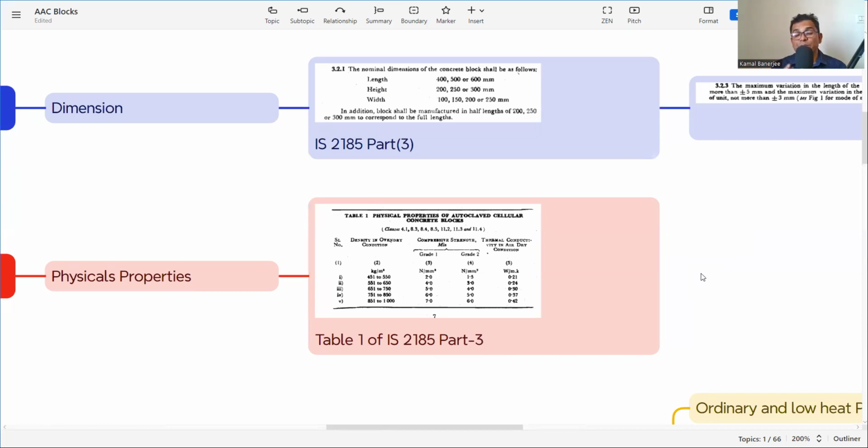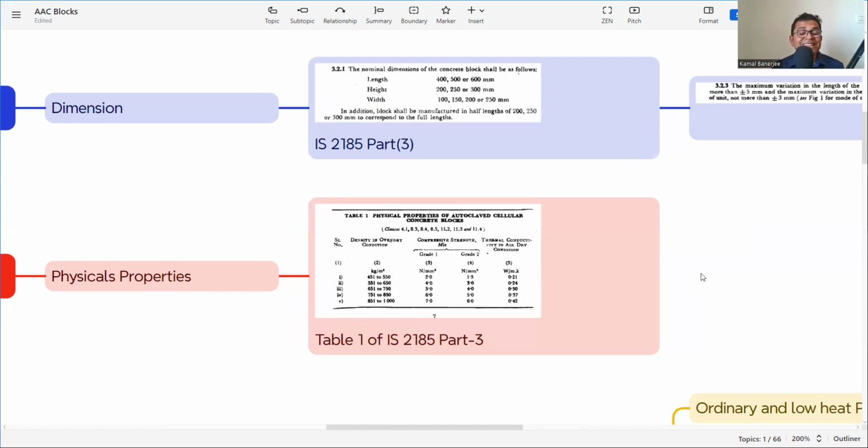If the block density is in between this, two grades can be manufactured. One has compressive strength 2, another 1.5, that is for grade 2. And what will be the thermal conductivity? 0.21. Why is thermal conductivity important? Because inside of the building, we need to be very comfortable.